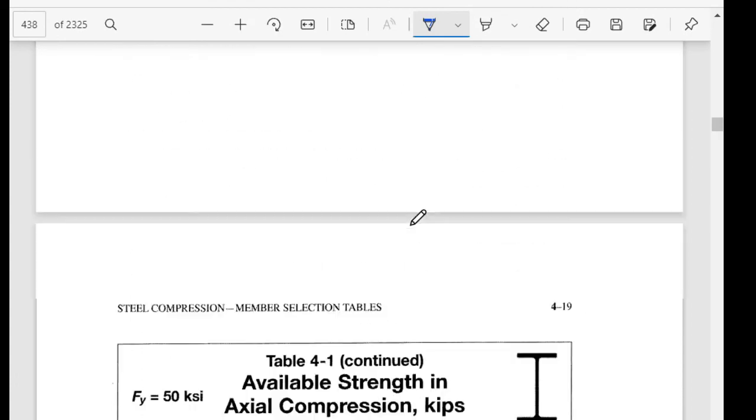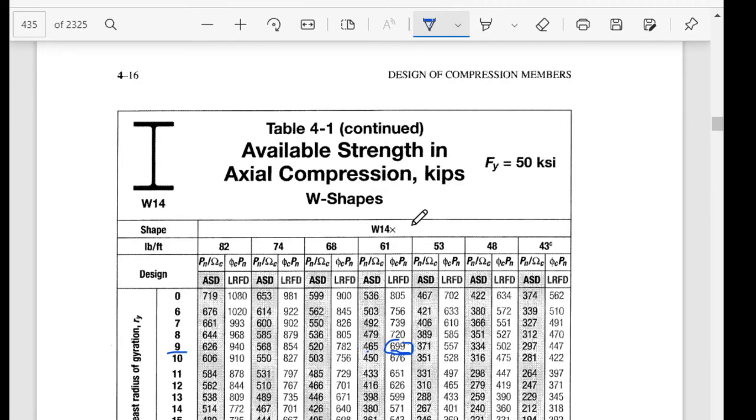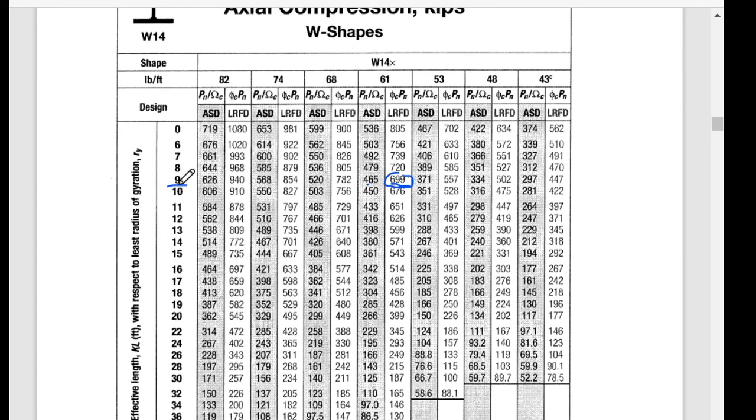Looking at W14, 9. The one that passes is 699 allowable strength.